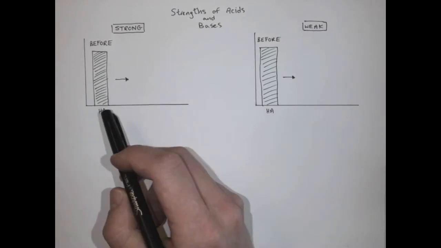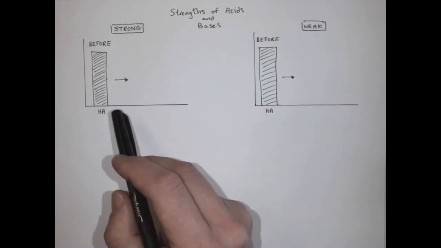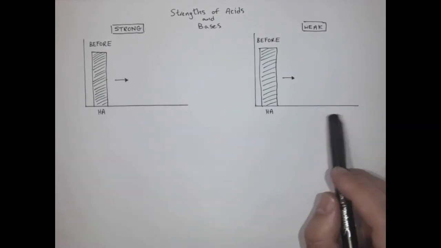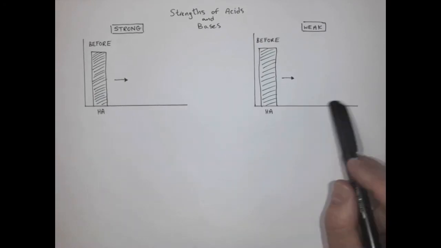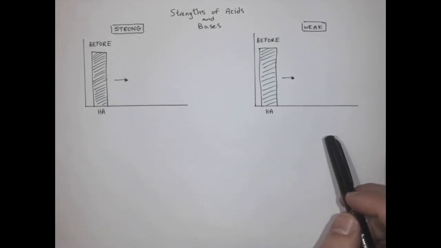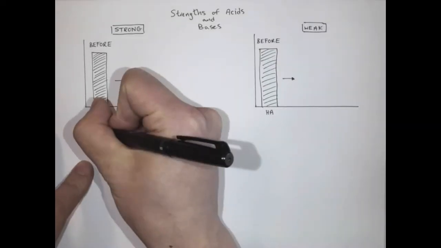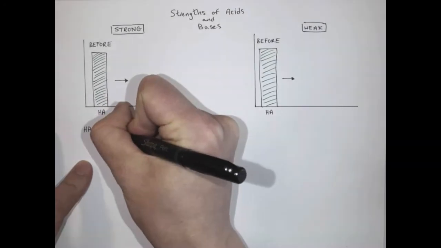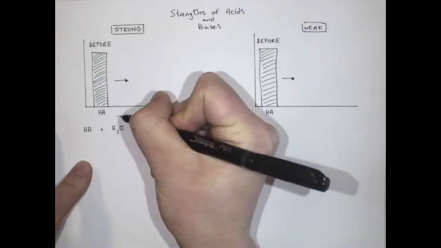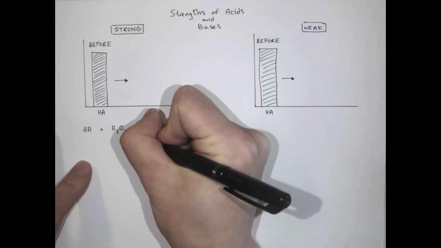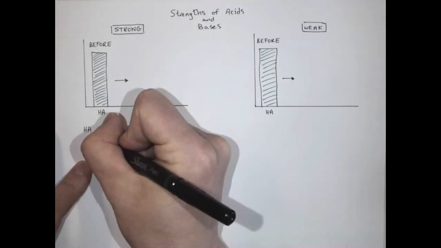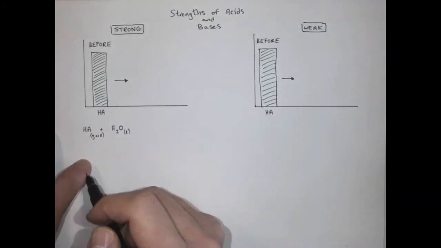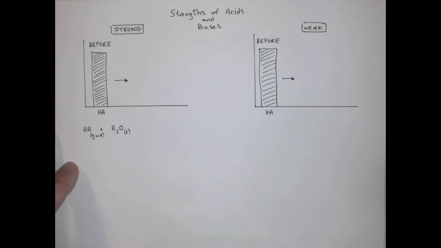On the left-hand side of the page, I've got a graph that's going to show the reaction of a strong acid. And on the right-hand side, I've got a graph that's going to show the reaction of a weak acid. So in general, with strong acids, they are going to react with water, and this could be G or L. So a strong acid could be gas or in the liquid state.